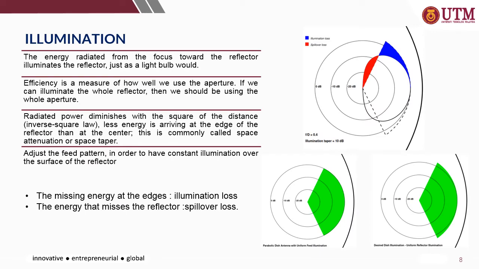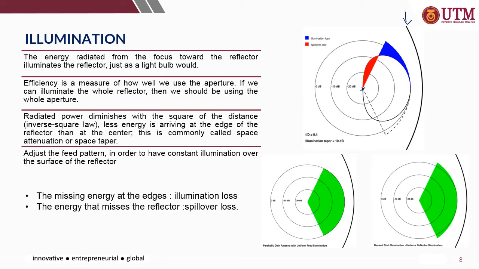Okay, next, what is illumination? Illumination basically lights up the intended area. So when you have a point source at the focus point, for example here, the energy from that focus point will be radiated towards the reflector, just like a bulb that lights up a room.